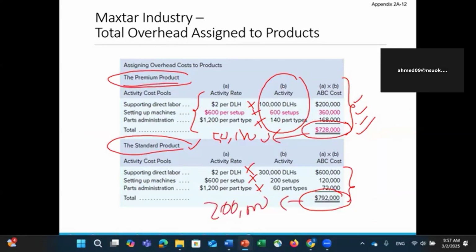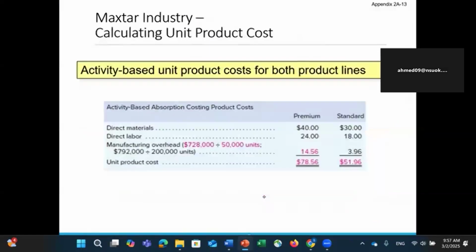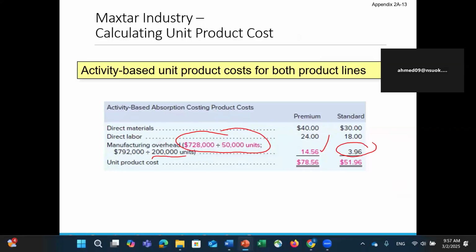Okay, when we divided 780 thousand by the 50,000, it gave us 14.56. When we divided 792 thousand by 200,000, it gave us 3.9. And then add them up.